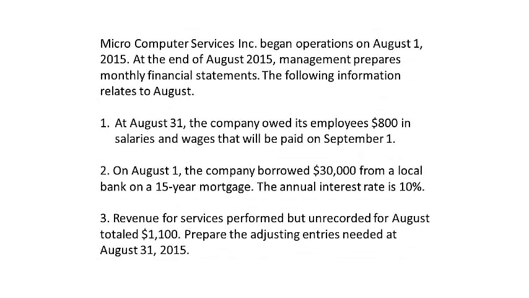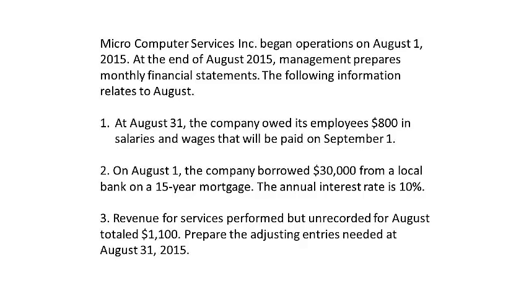The next issue that we're faced with in the same problem is that on August 1st, the company borrowed $30,000 from a local bank on a 15-year mortgage, or a loan from the bank, and the annual interest rate is 10%. So in this case, now a month has gone by. They've had the benefit of using the bank's money, $30,000, for a month, at an annual interest rate of 10%.